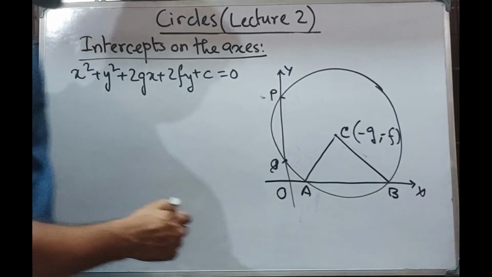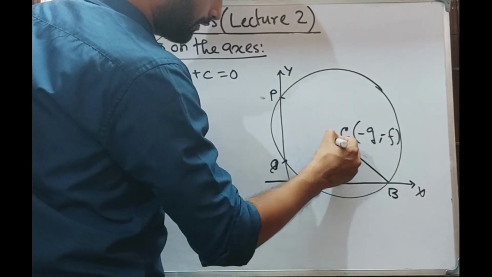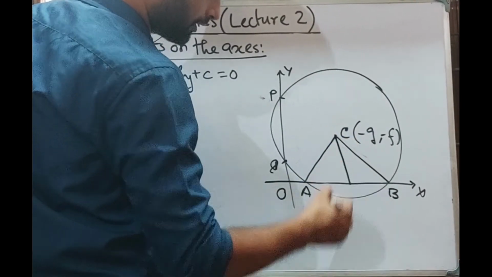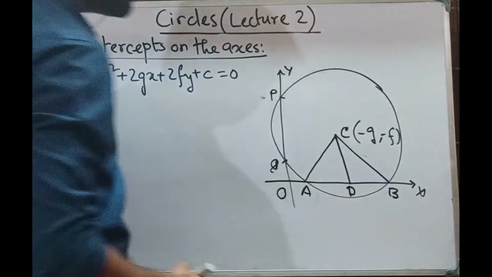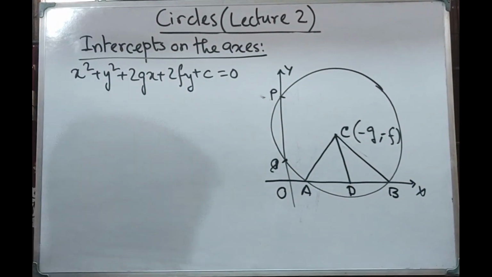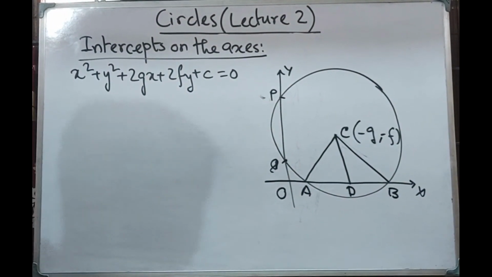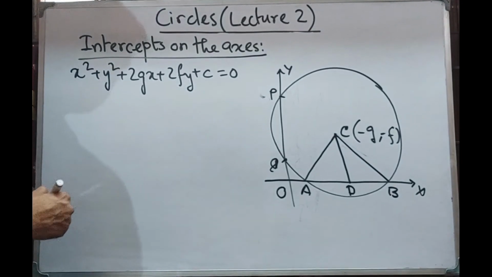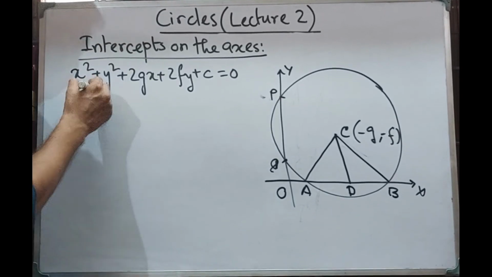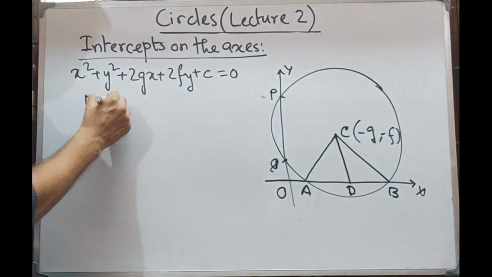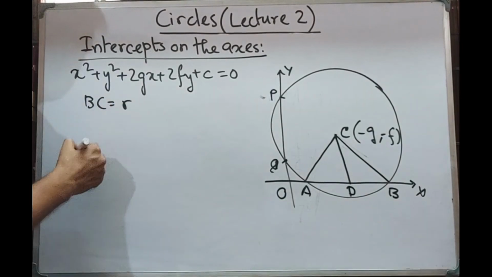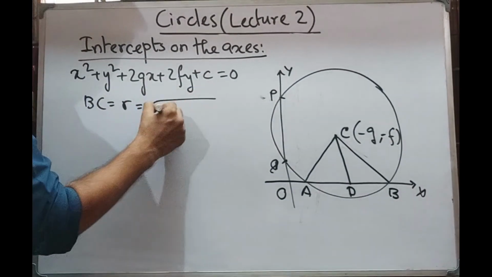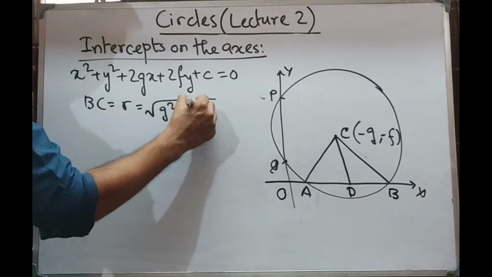So one triangle here is CAB, and if I put a perpendicular from the point C and call this point D, then we are getting two right angle triangles CDA and CDB. So from here what we can see is that BC is the radius, and we can write it as root over of g square plus f square minus c.